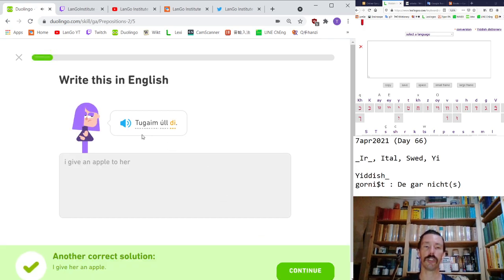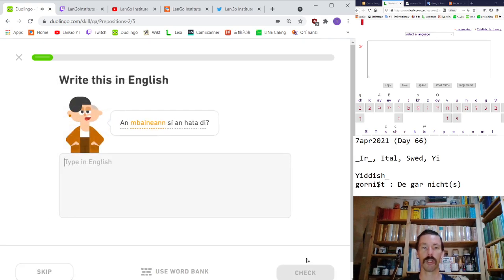Tugaim úll di. Bainim an hata di. Taking off. Okay. Mutated, it would be bainim, starting with a B in the basic form. And the M can reflect the nasal final in the preceding word there. Maybe there's a lost segment too.